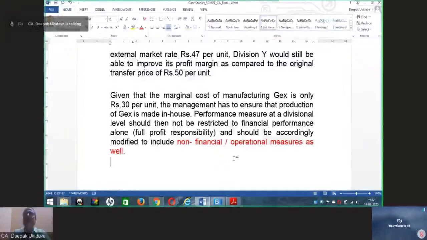Right, by taking a cut in its profitability. So ideally speaking, top management should not allow division X manager's performance bonus or performance incentive to be affected drastically. His performance should always be maintained at a higher level and should be evaluated also at a higher level, so as to enable him to get the incentive by incorporating non-financial and operational measures.